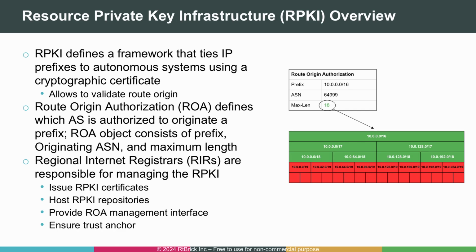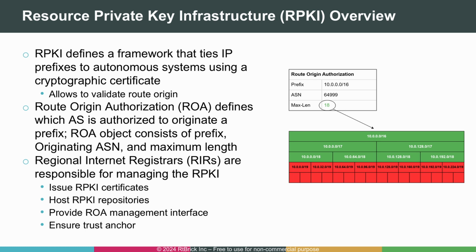Their responsibilities include issuing digital certificates that bind IP prefixes and AS numbers to public keys, hosting RPKI repositories containing ROAs and certificates, providing tools for ISPs to create, modify, or revoke ROAs, and acting as trust anchors, forming the root of the RPKI validation chain.